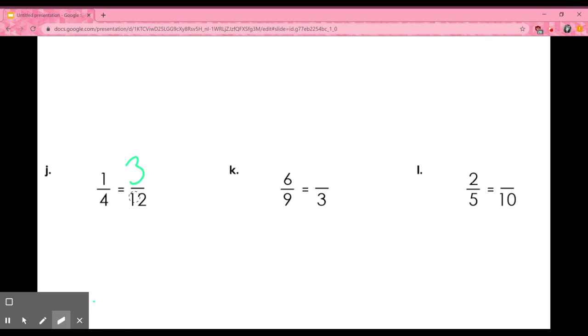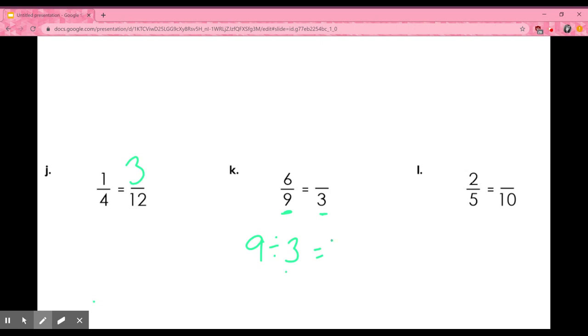Our next one, we have 6/9 and some amount of thirds, and we have to figure out how to make those equivalent. In this case, this 9 is bigger than this number. So we're going to do 9 divided by 3, because you remember your big number always goes first in division. Let's see what we get. If we count up by 3's until we hit 9, 3, 6, 9.